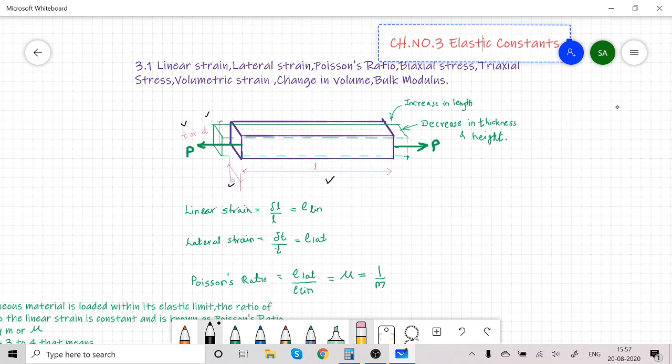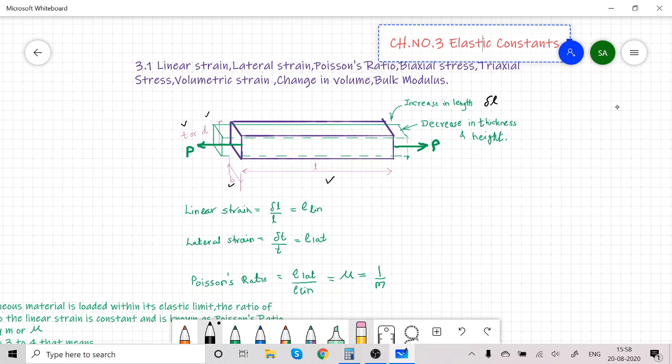It is subjected to an axial tensile force P. Now due to this P, what will happen? The length of the bar will increase. Suppose the increase in length of the bar is delta L.